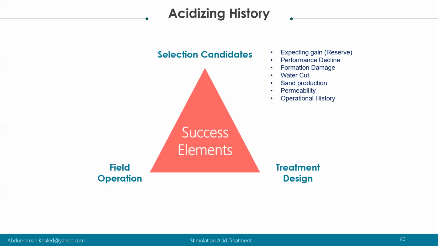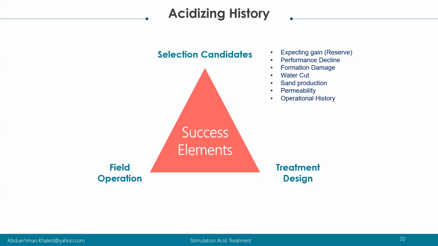Some wells have been proven to be producing, let's say, 40% water cut, and then this water cut increased afterward. So avoid choosing wells that have a high water cut.